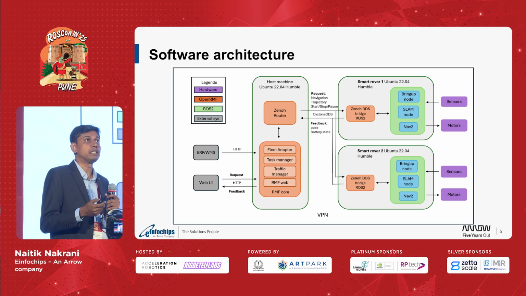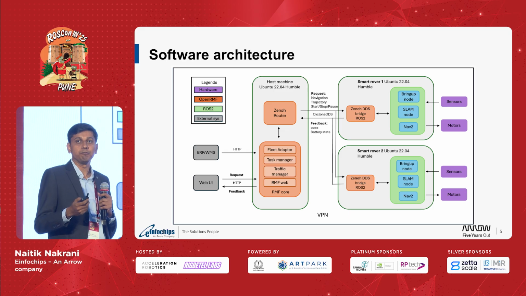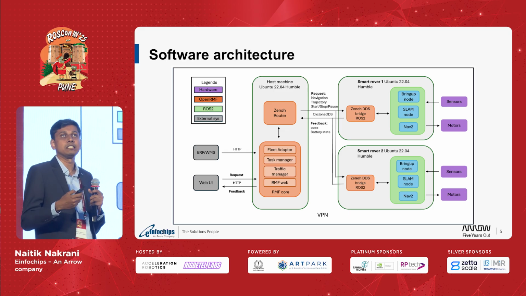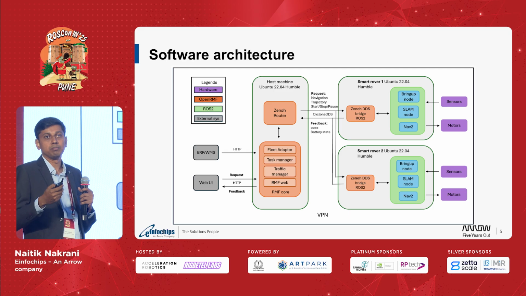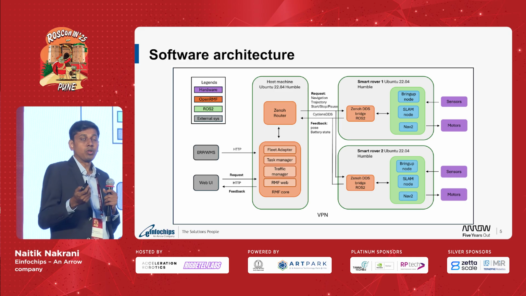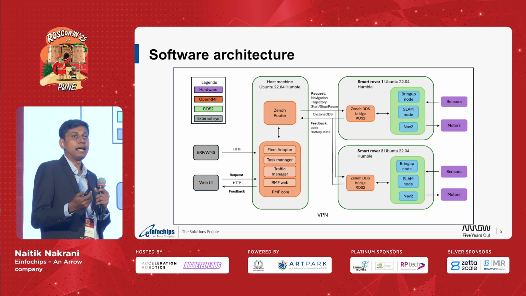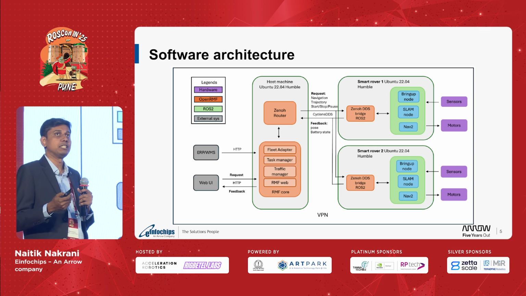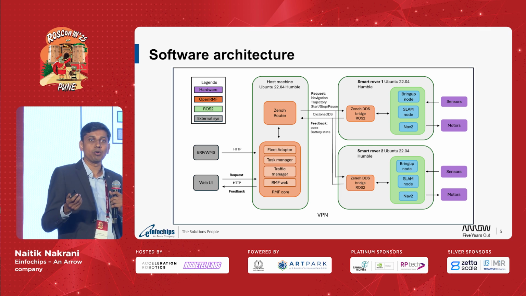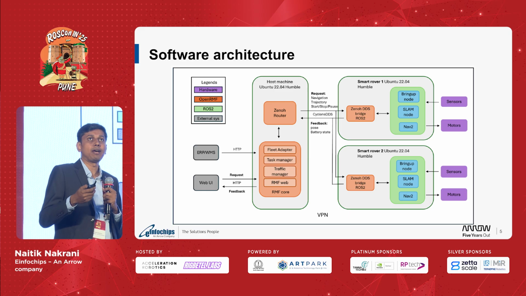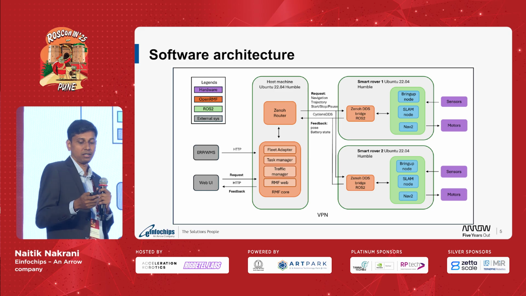RMF core is the backbone of your OpenRMF system, which is a centralized communication and navigation system. Your OpenRMF core is running on a server, and then at the end you have an RMF web, which is a web-based dashboard where an operator can see what is happening with your robots.